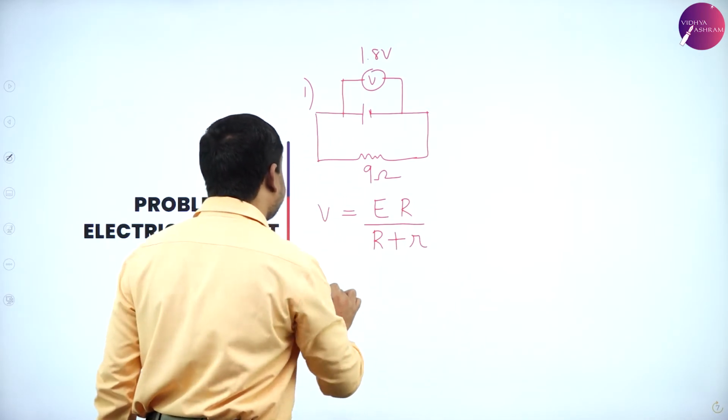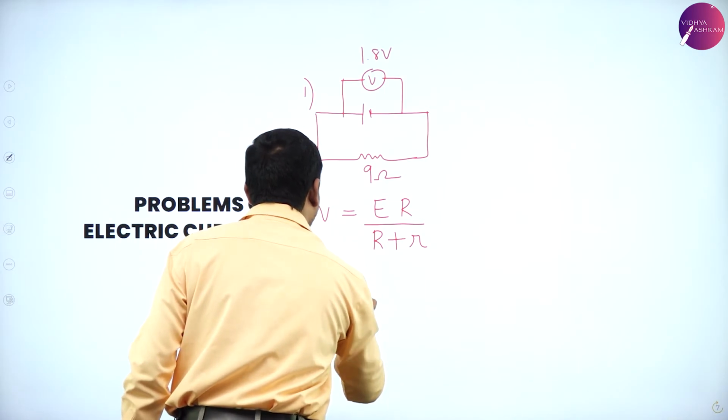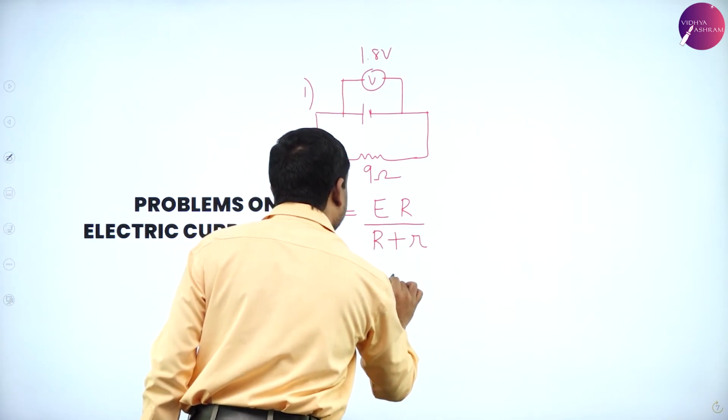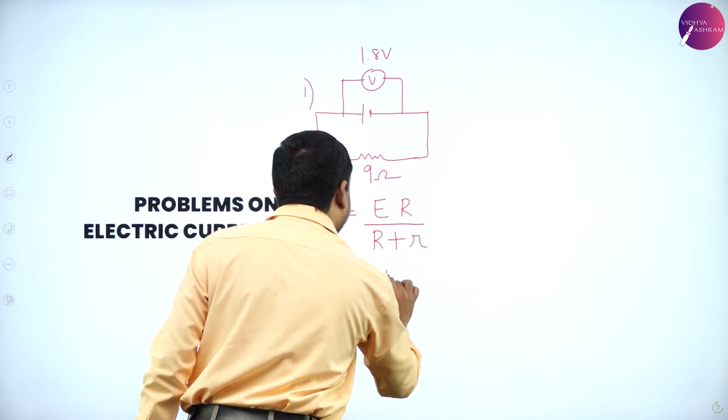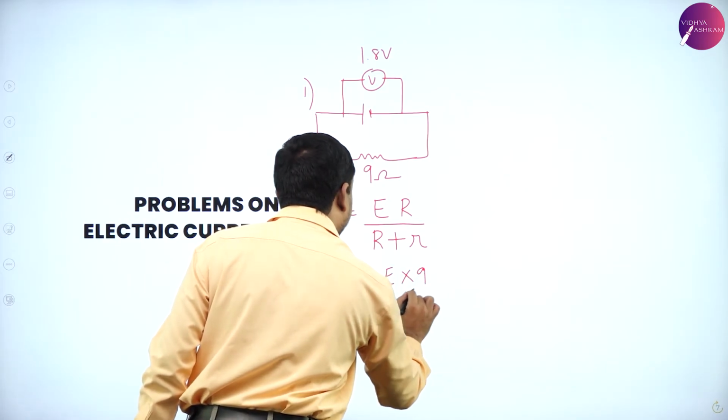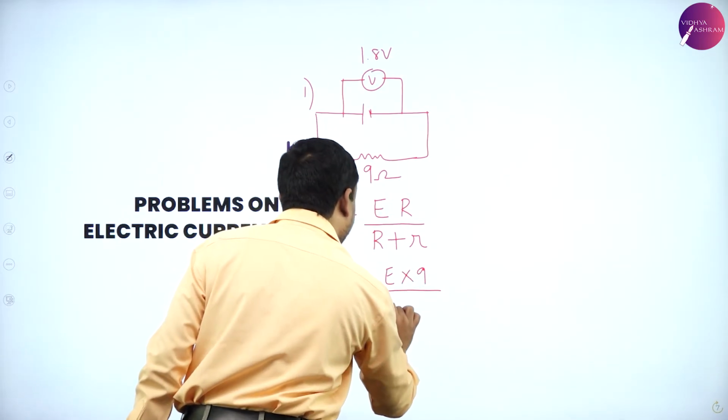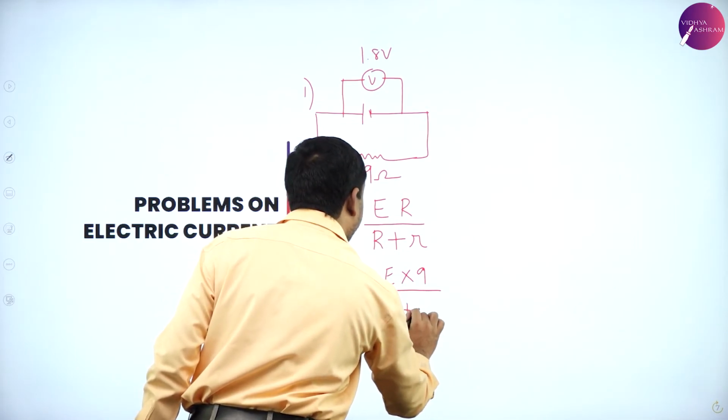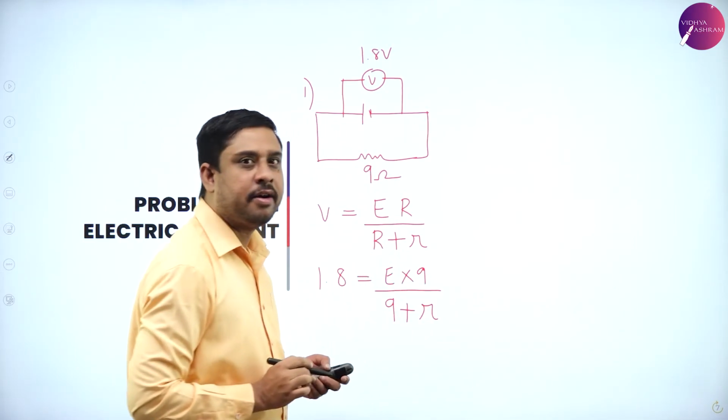Or in this case, 1.8 equals E into 9 divided by 9 plus small r.